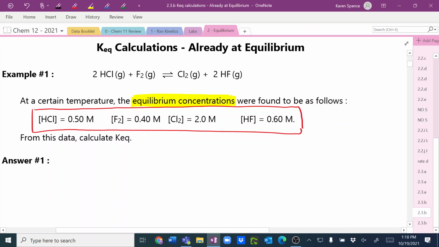So in the KEQ, all the concentrations are equilibrium concentrations. And isn't that nice? They've given us all the equilibrium concentrations.